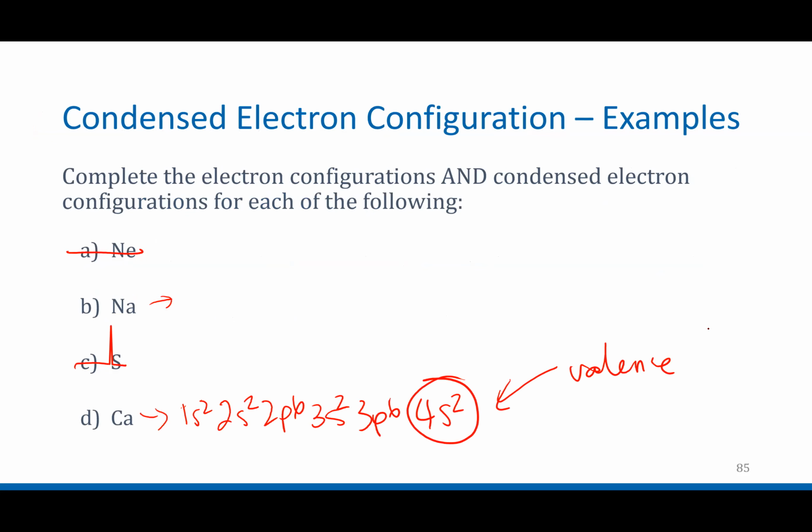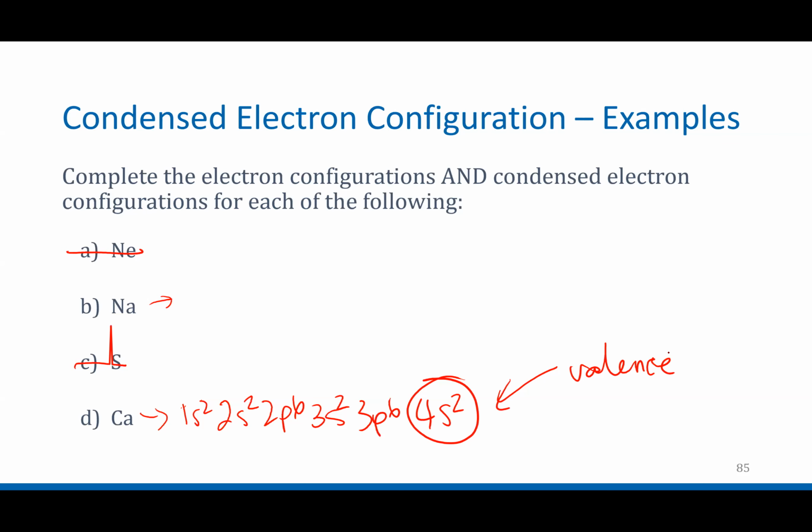These are the outermost, I guess, the furthest away from the nucleus. These are the electrons on the outside.